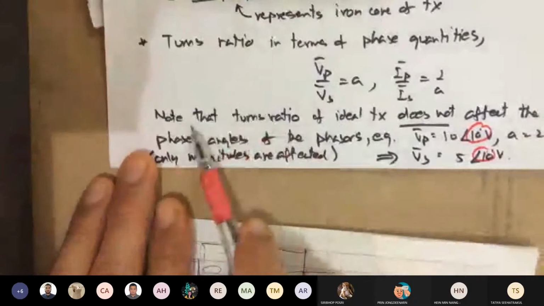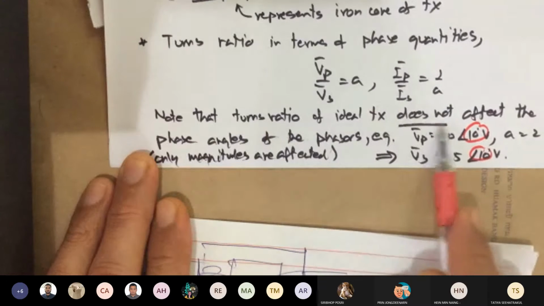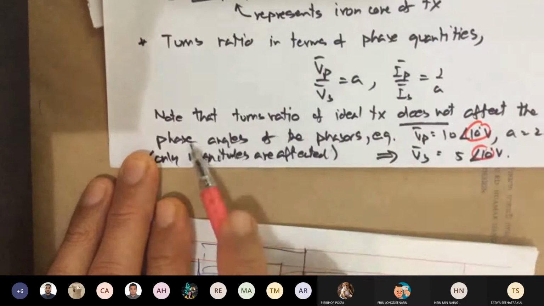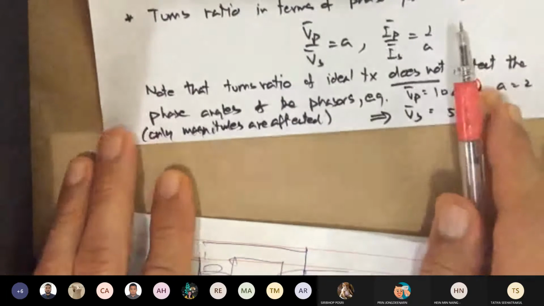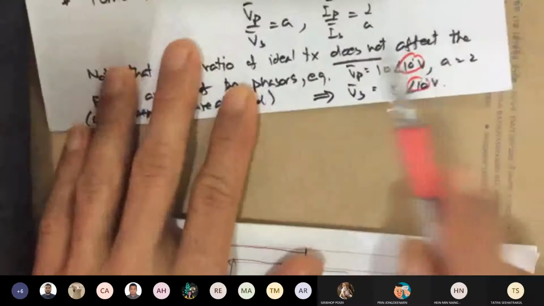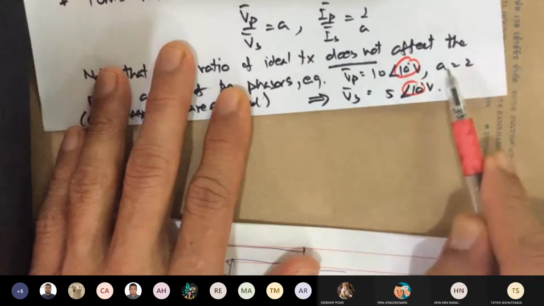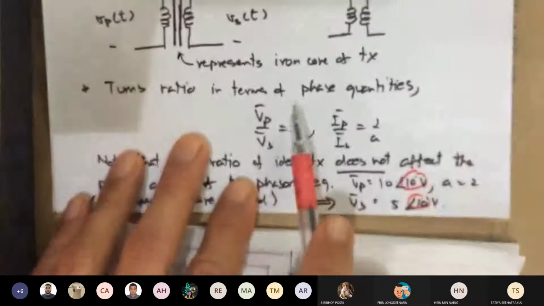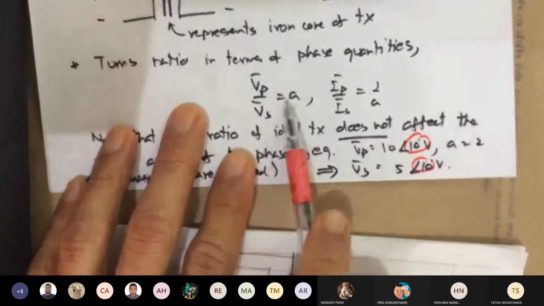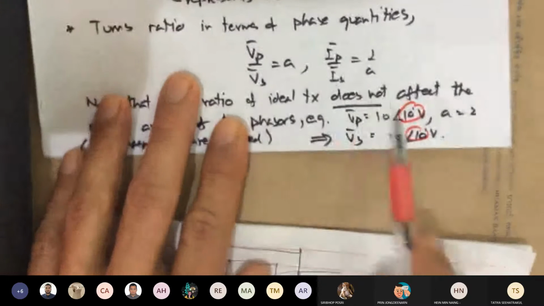Now, one more thing that you have to note. Note that the turns ratio, your letter A of the ideal transformer, does not affect the phase angle of the phasors. Meaning what? If I have my primary voltage of 10 volts at 10 degrees, and my turns ratio is 2, then I can use this relationship to find my secondary phasor voltage, which becomes 5.